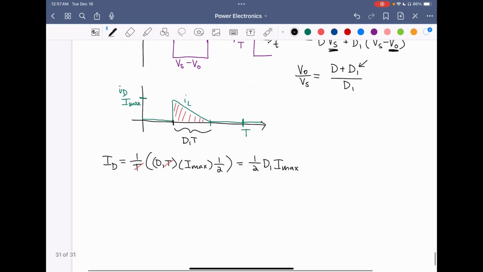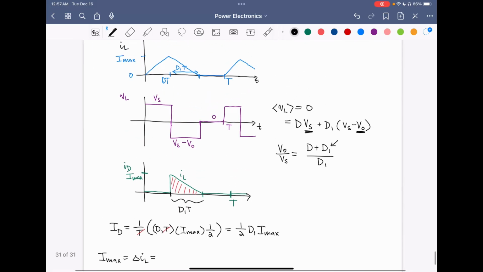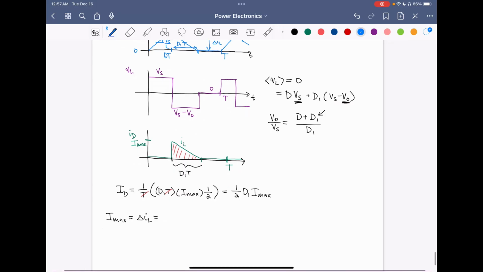Now note that the maximum current I max is just equal to delta IL, which we've seen many times before. And in the dT interval, we have that this slope equals Vs over L. So therefore, delta IL, which equals I max, is just equal to Vs over L times the duration of the interval, which is dT.